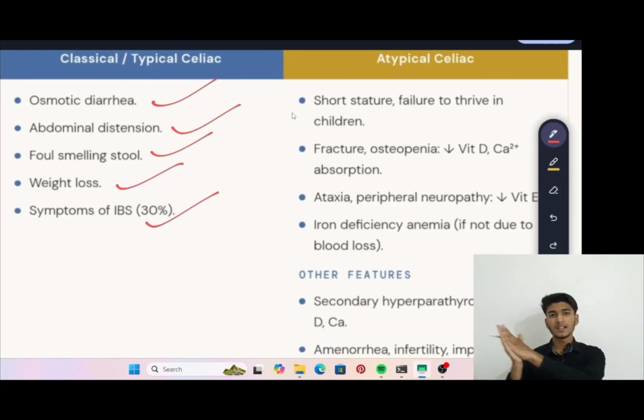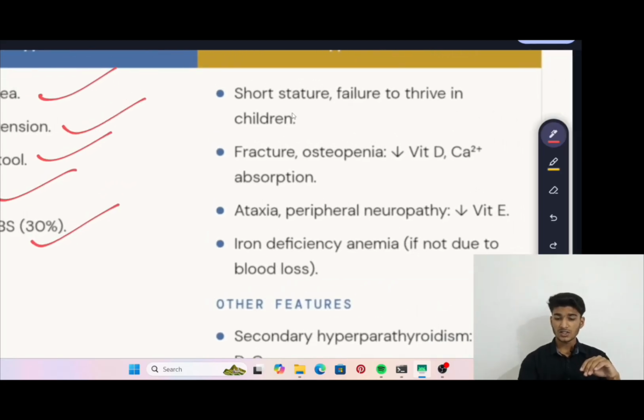But in atypical celiac disease, the individual suffers from symptoms other than those of malabsorption as well. He is suffering with the symptoms of malabsorption, but symptoms other than malabsorption are also occurring here, like short stature and failure to thrive. In pediatrics, in children, there is a tremendous amount of weight loss. You can see this in atypical celiac disease.